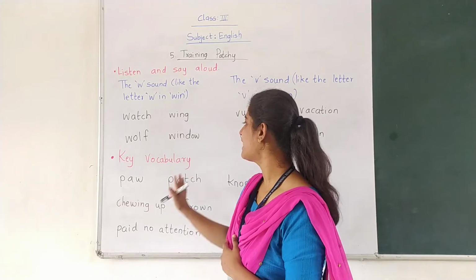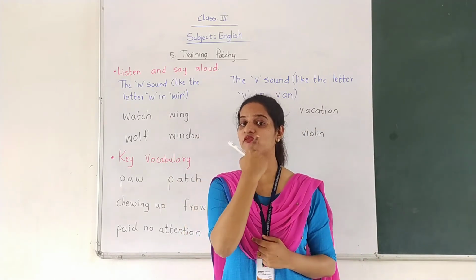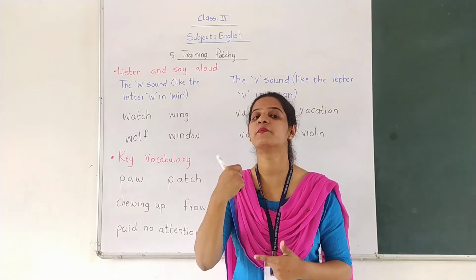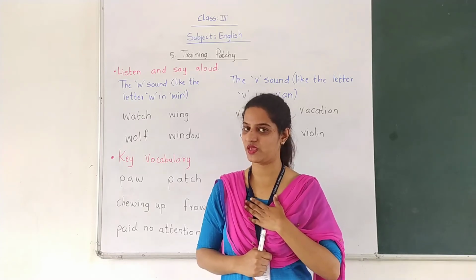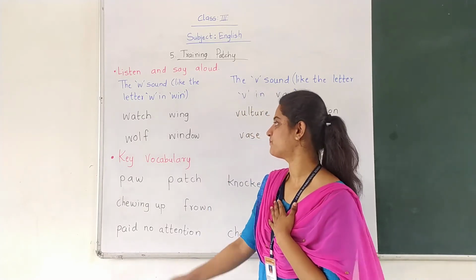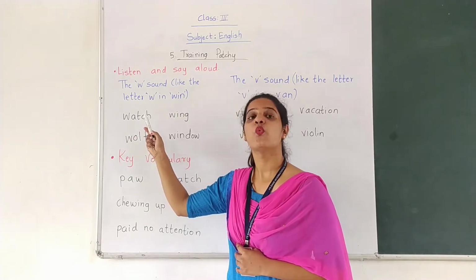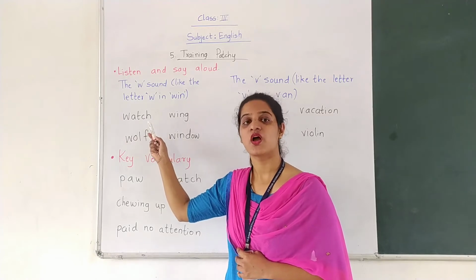Now, as I read these words, you have to listen, pay attention to my lip movement, and repeat the words in the same way I am doing. Okay, my dear children? See, W-A-T-C-H, watch.